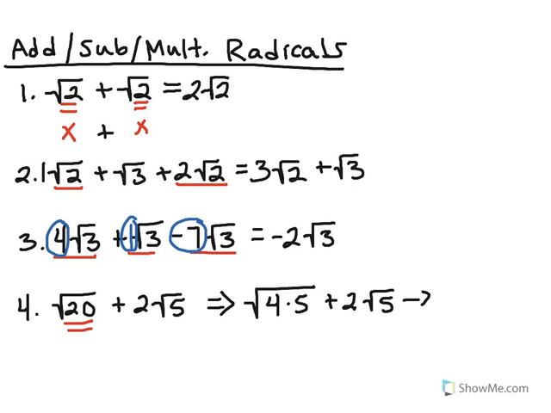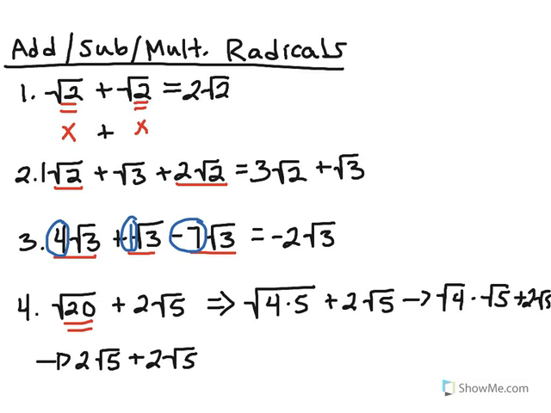The square root of 4, and then I'm going to rewrite this again. I'm running off the page, I'm sorry about that. So the square root of 4 is 2, and then I have the square root of 5 right next to it, plus 2 square roots of 5.